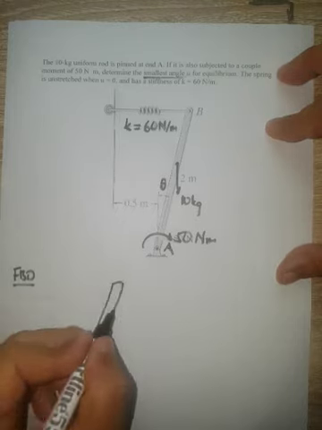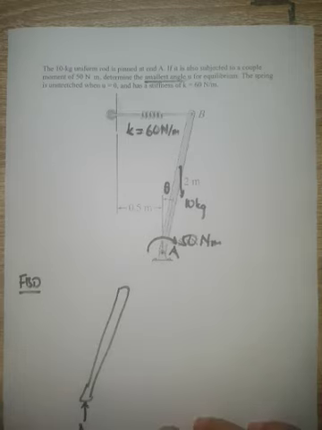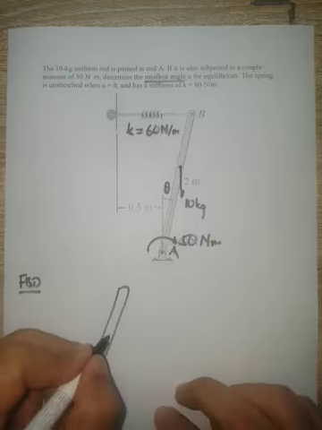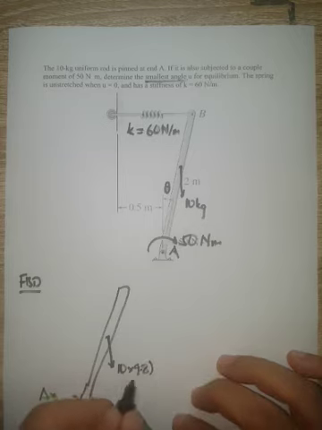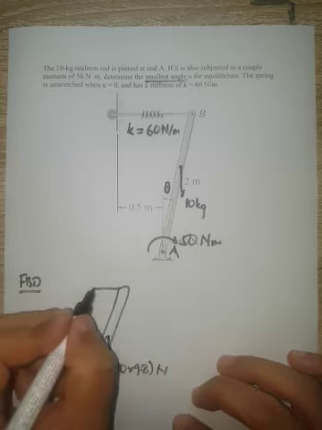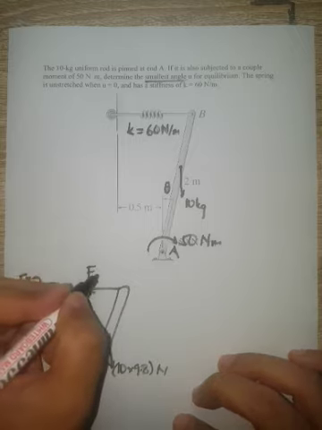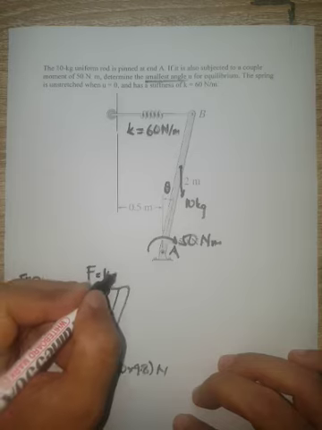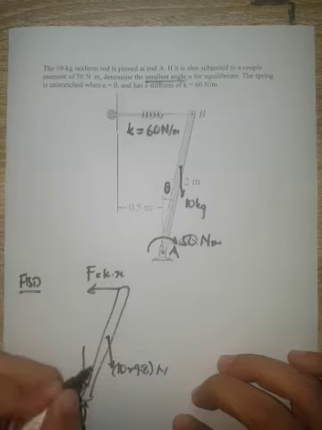Here we have AX and AY, since it is pin jointed, and then we have the weight of the frame, 10 kilograms times 9.8 Newton, and then we have F, the force of the spring, which is equal to the stiffness of the spring times S. S is the extension of the spring, and here the angle is theta.